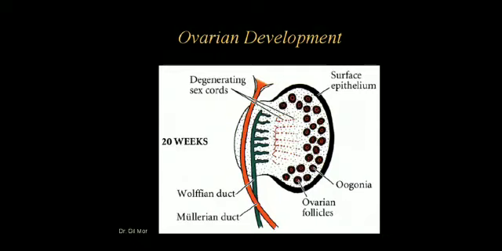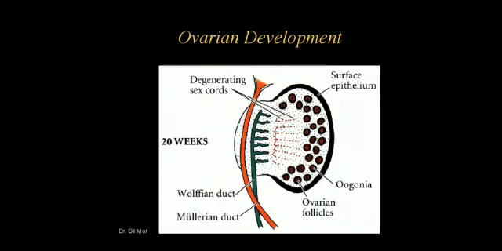In genetic females, it is a 44 plus XX embryo. By about the 10th week of gestation, ovarian differentiation occurs in the absence of the testis determining factor. That means when there is a Y chromosome, it has a gene which produces SRY, the gene responsible for testicular differentiation, and a gene for the Mullerian inhibiting substance.